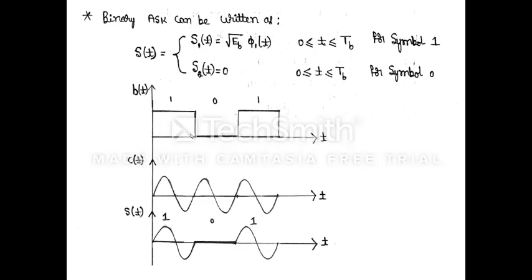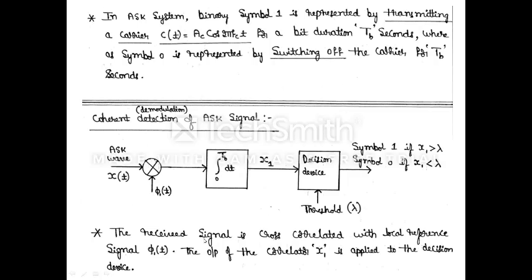Binary ASK can be written as S of t equal to S1 of t, root Eb phi 1 of t, in the duration of a bit for symbol 1. It is written as S2 of t in the duration of a bit for symbol 0. Just look at 1, it is transmitting this signal, and look at 0, transmitting 0 signal.